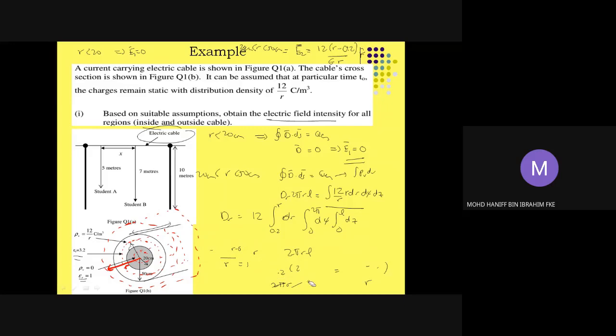Okay, so let us proceed with the third region, which is for R bigger than 0.5 meter or 50 cm. Okay, so for this particular case, this is for R bigger than 50 cm.